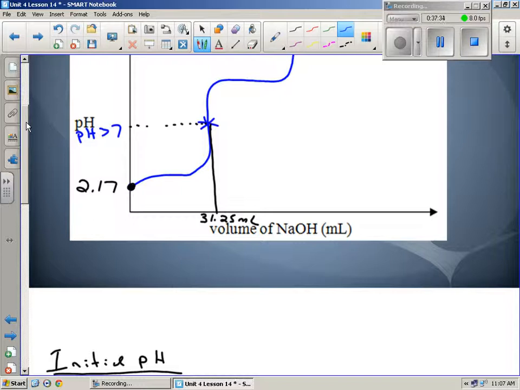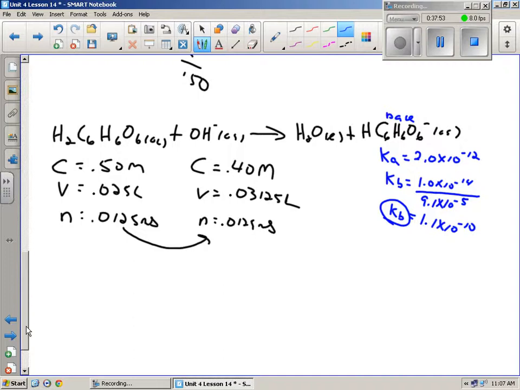So is the next one, right? The next one has to be a base too, doesn't it? So there's a prime example where both of these endpoints turn out to be on the basic side. Okay? Now, good so far? Yes? That's all review stuff except for the amphiprotic part that I added on in the blue part there. But other than that, it's all the same.